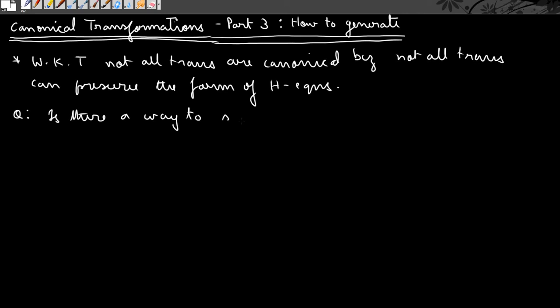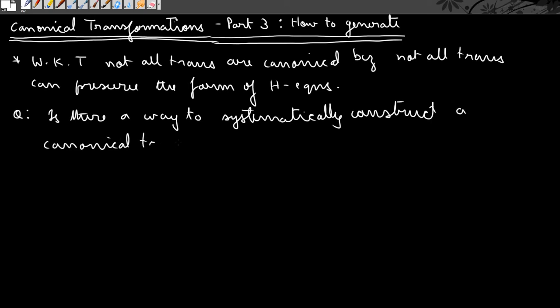Now we ask the following question: is there a way to systematically construct a canonical transformation? Because so far what we have done is randomly choose a transformation and check whether it is canonical or not.